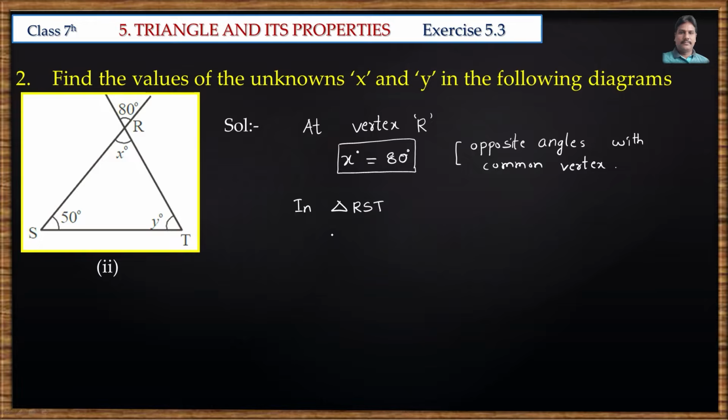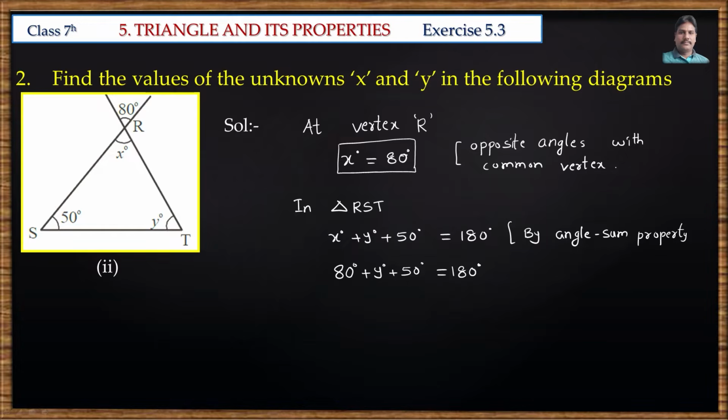By the angle sum property, x degrees plus y degrees plus 50 degrees is equal to 180 degrees. Therefore, we know the x value is 80 degrees. So, 80 degrees plus y degrees plus 50 degrees is equal to 180 degrees.